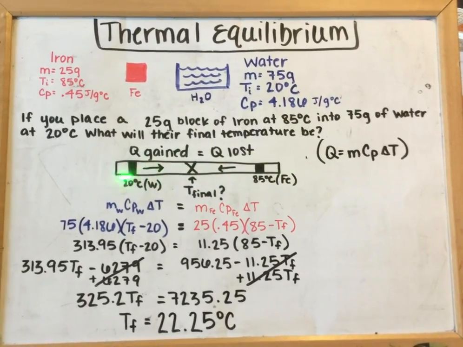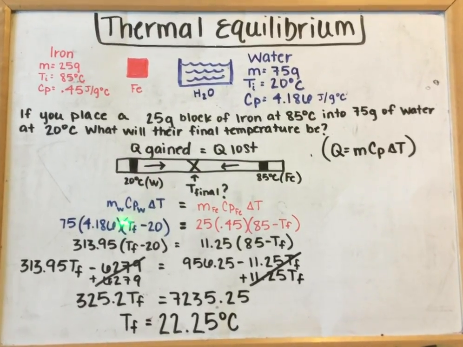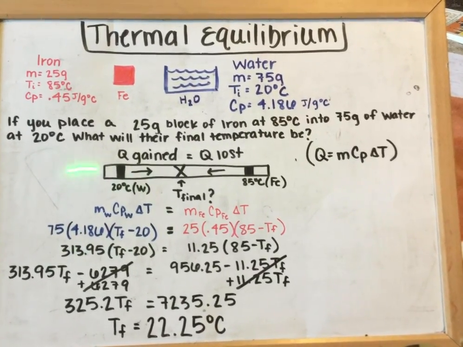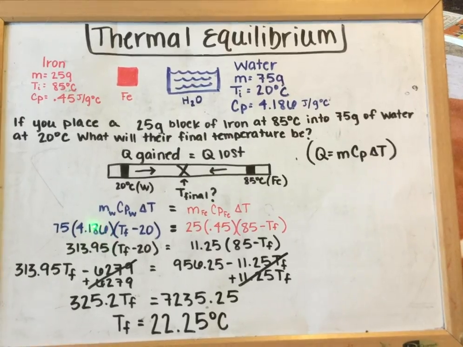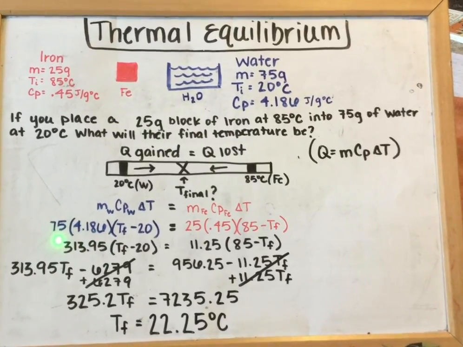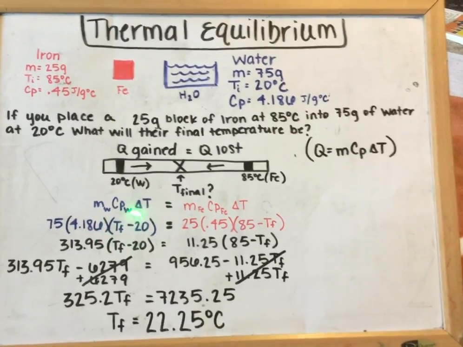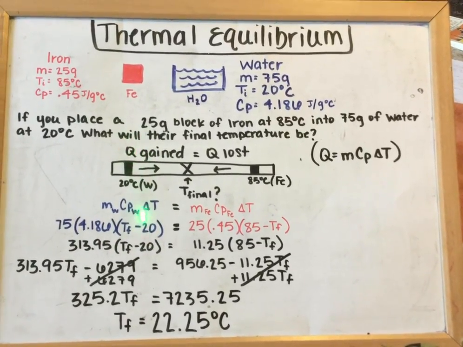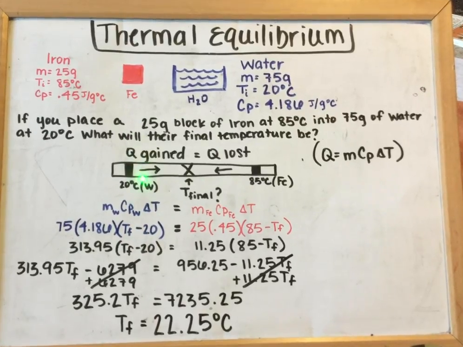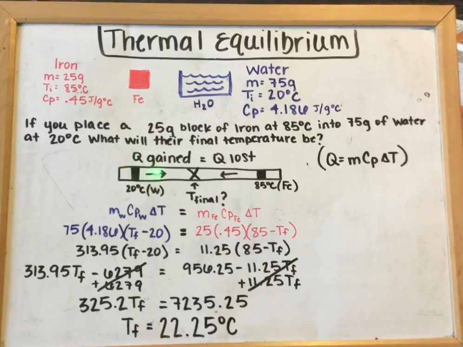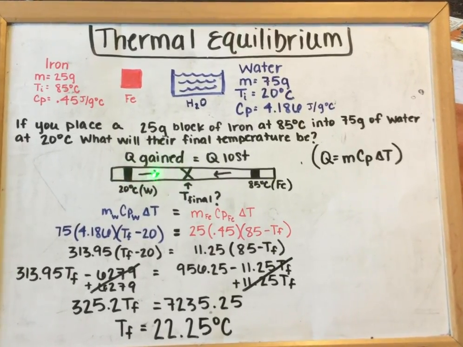And I use this when we get down here to the final minus initial part, the delta T. So the water on the left is the substance that's gaining heat. We have mass 75 times Cp 4.186 times delta T. This substance is gaining temperature, so to find the difference in temperature, we're going to take the final minus the initial, and that'll tell us how many degrees of change.